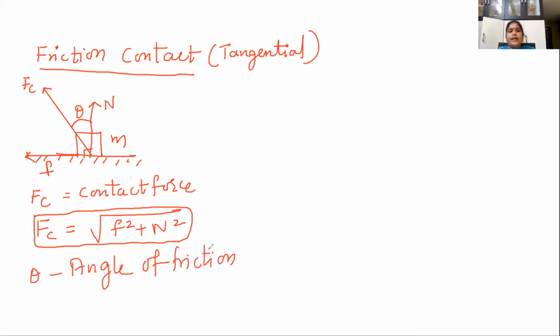So how to find the angle of friction? Let us see the triangle here: normal force, tail to tip, then frictional force, tail to tip, and this is the contact force, and the angle made between them is theta. Now we take tan theta in this triangle.